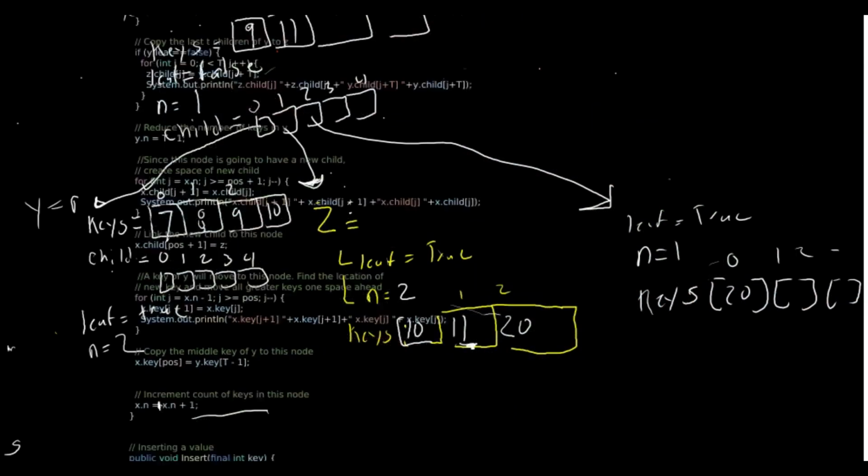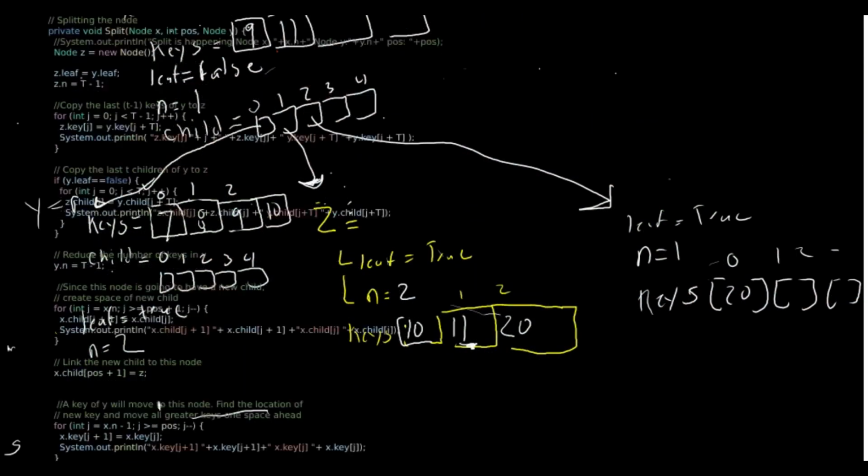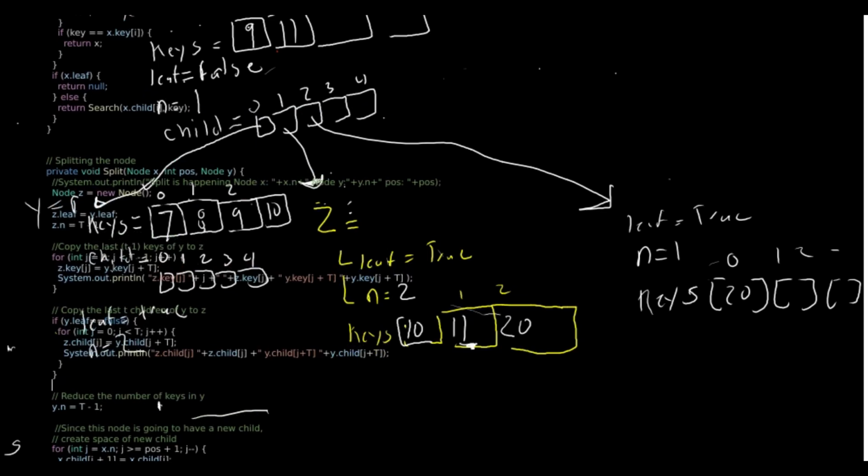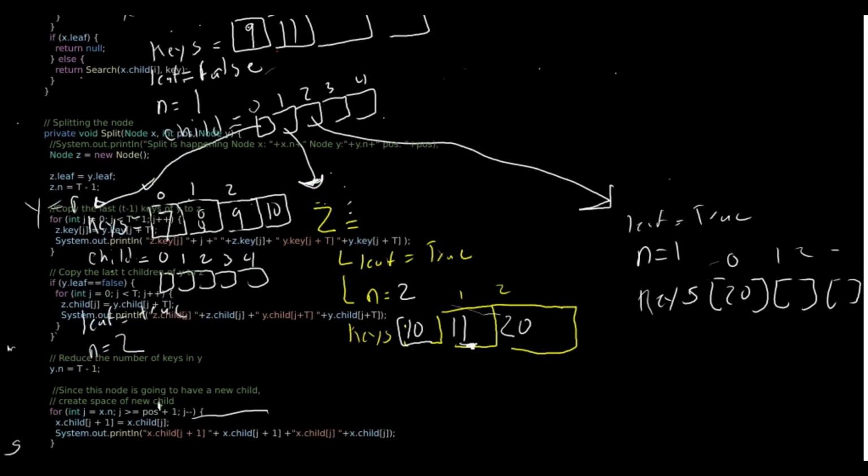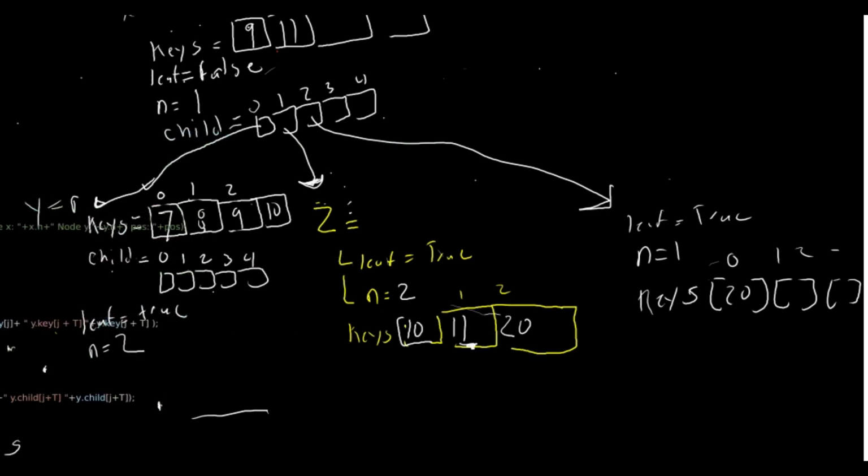All right. So we're going to copy this here, 11, to the root node. And then you go here. Okay.